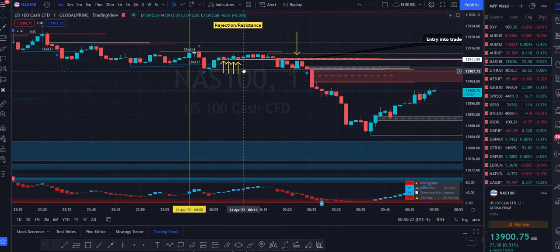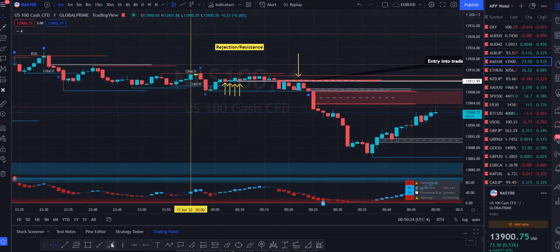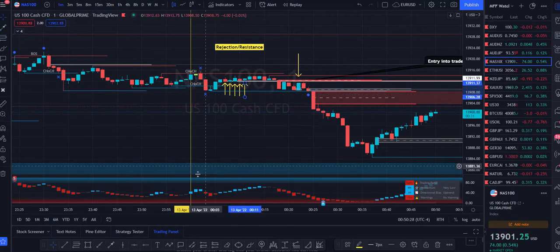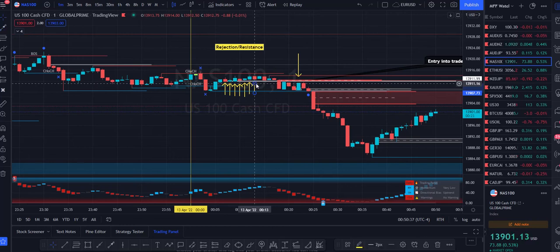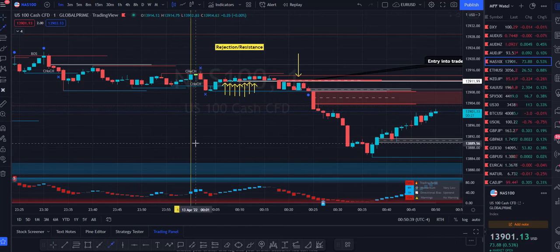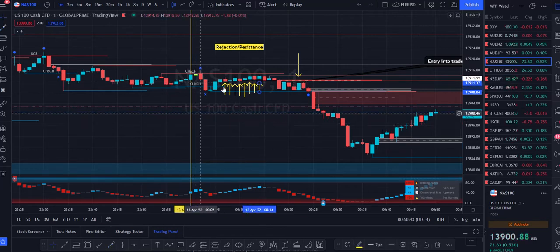Five. Six. Five candles right here. Then I got 6, 7, 8. So I had 8 straight candles in consolidation right here. This is a ranging market.